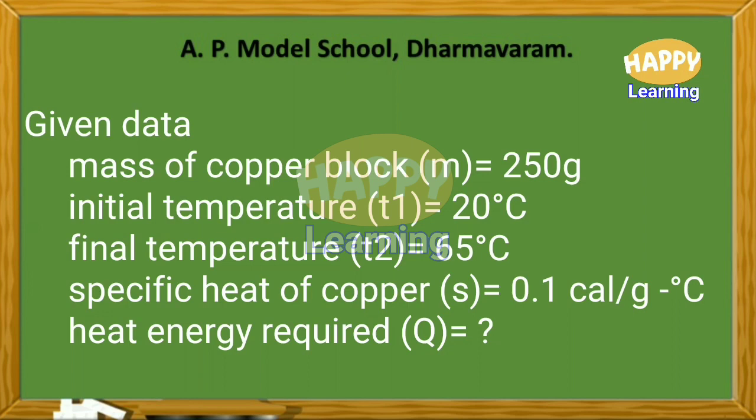Specific heat of copper S is equal to 0.1 calorie per gram per degree Celsius. Heat energy required Q is equal to question mark. This is what we have to find.